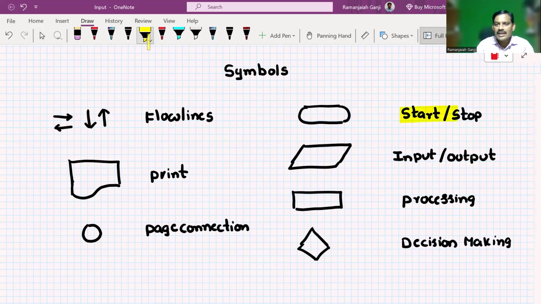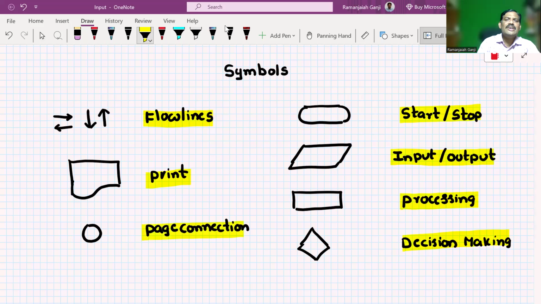So rectangle with rounded edges is for start or stop. Parallelogram is for getting either input or producing output. Rectangle is for computation or processing. Rhombus for decision making. Flow lines are arrow marks, and this is a print symbol.